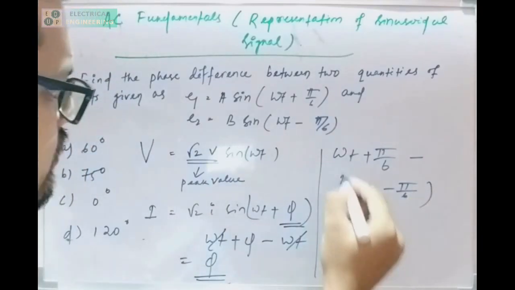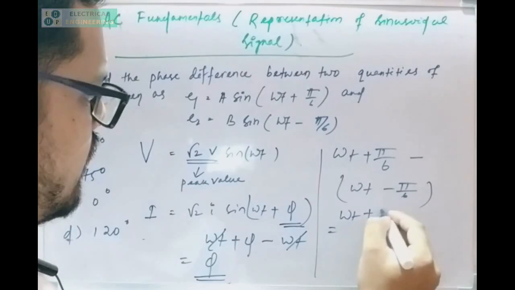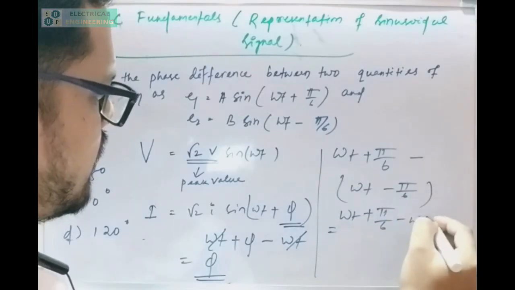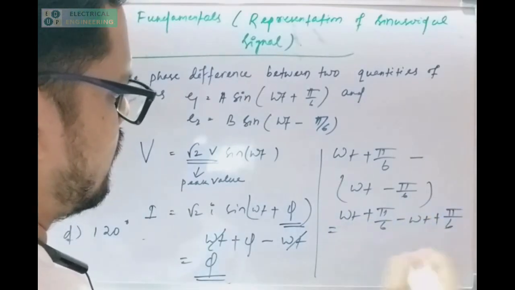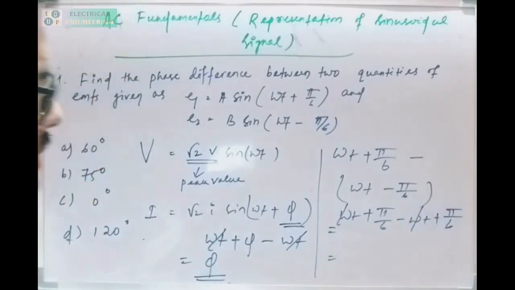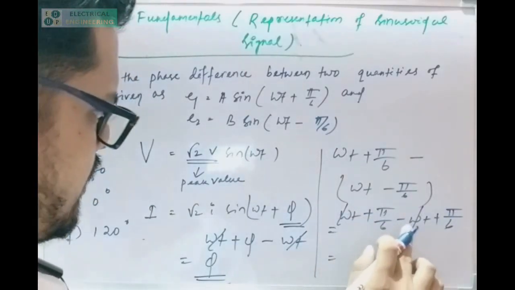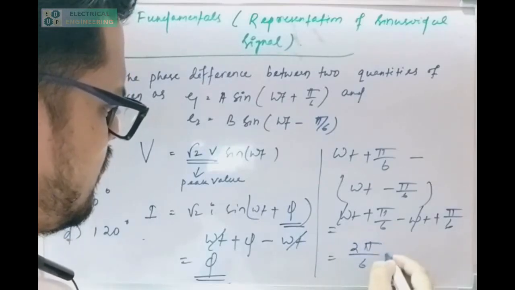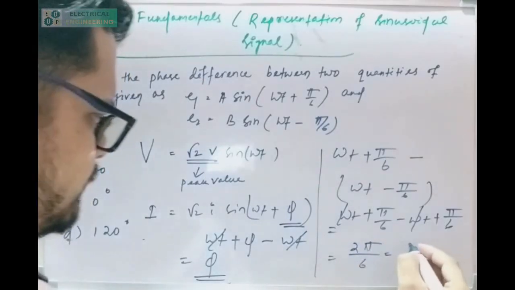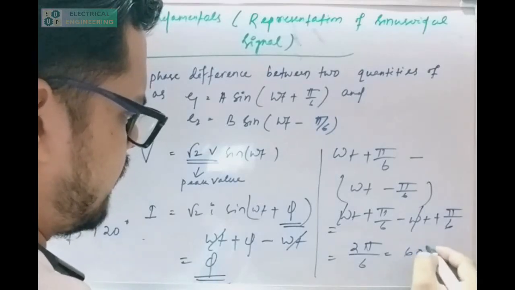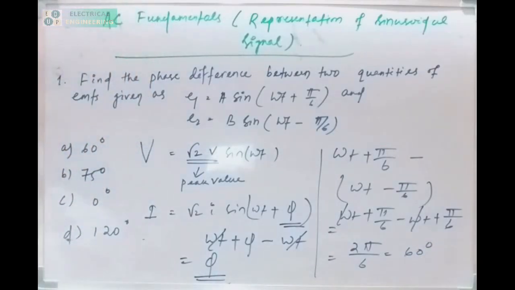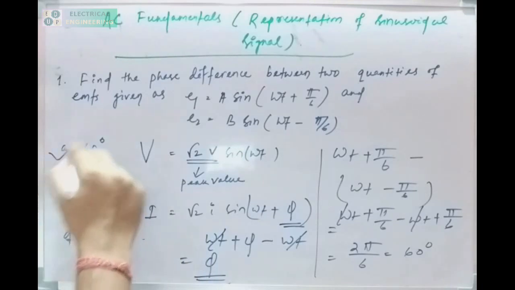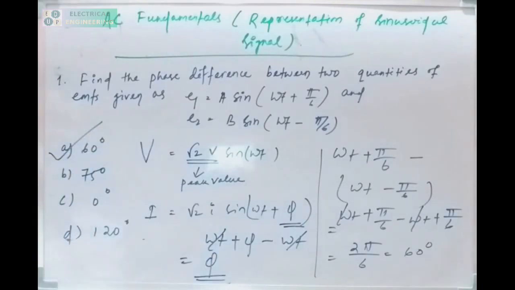So (omega t plus pi by 6) minus (omega t minus pi by 6). Omega t will be cancelled out. Pi by 6 plus pi by 6 is 2 pi by 6, and that is nothing but 60 degrees. So the answer will be A, 60 degrees.